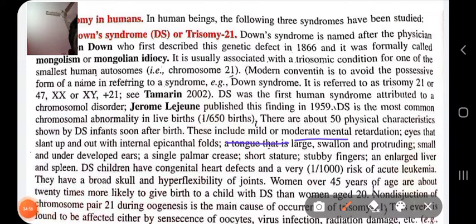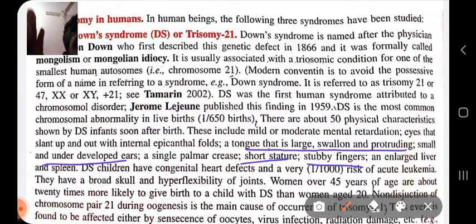Mild or moderate mental retardation, low IQ level, eyes that slant up with an internal epicanthal fold, a large, swollen and protruding tongue, underdeveloped ears, short stature, stubby fingers that are not developed, and an enlarged liver and spleen.